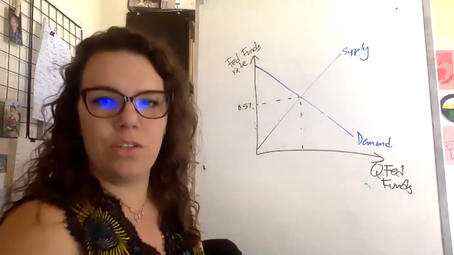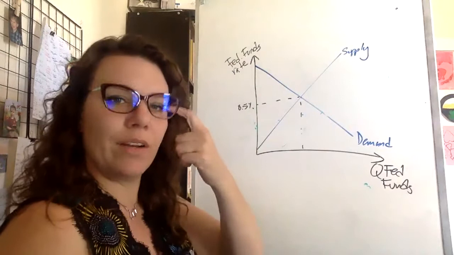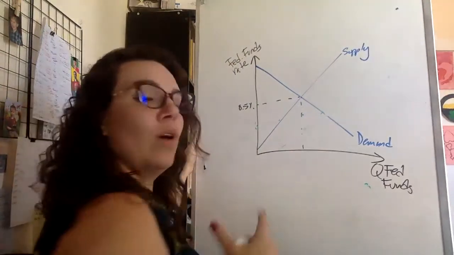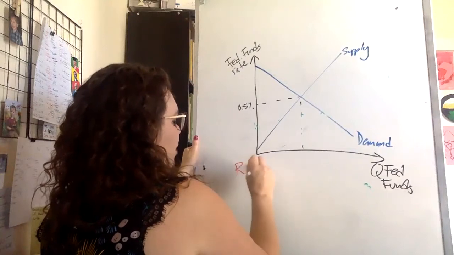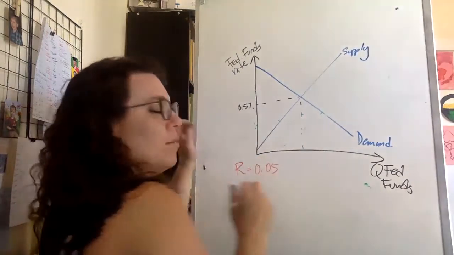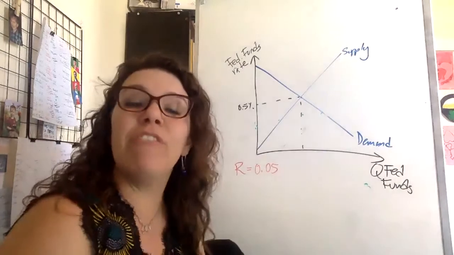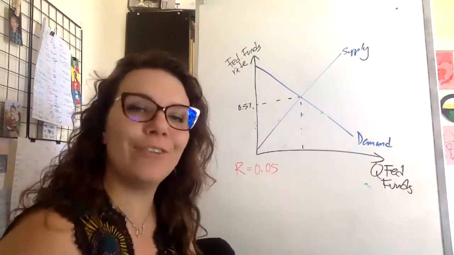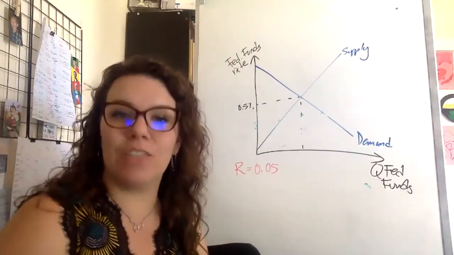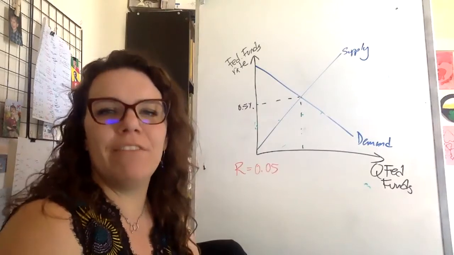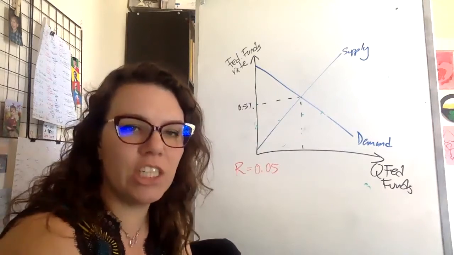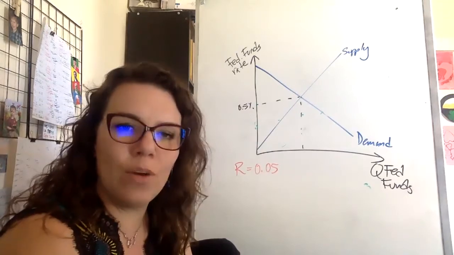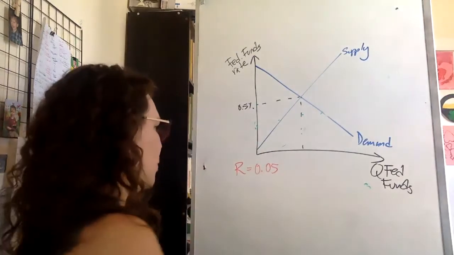So what they're going to want to do to slow the economy down is they want to change the reserve ratio. So right now, the required reserve ratio is 0.05, meaning banks keep 5% of every dollar deposited as reserves. If the Federal Reserve wants to increase the federal funds rate, how would they change the reserve requirement and how would it affect the money supply?